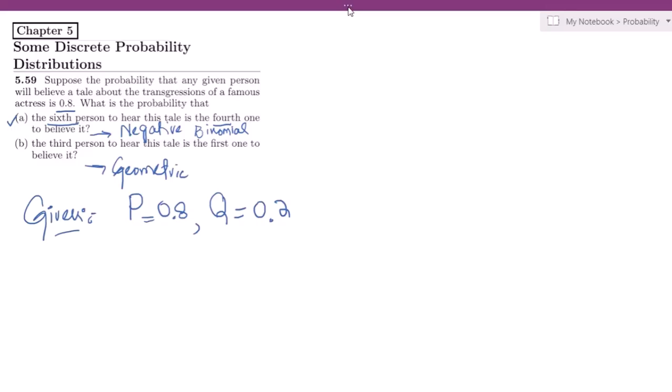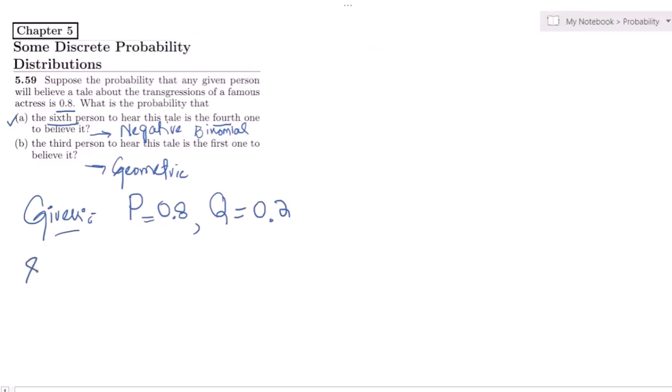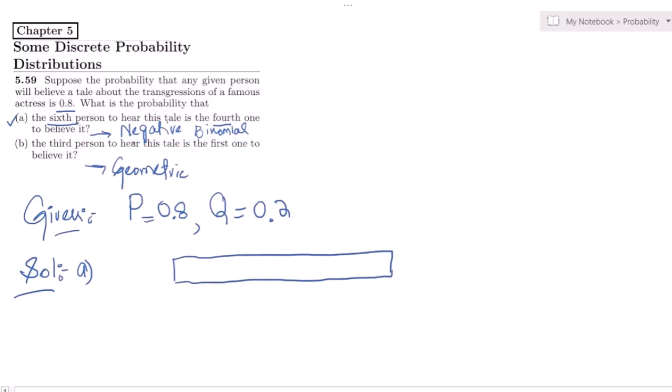Now let me solve part A of my question. What do we have to do? Let us again have this hypothetical diagram, in which we have 6 slots: 1 2 3 4 5 6.